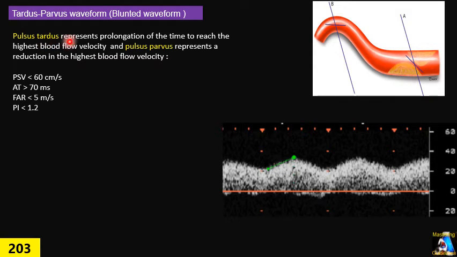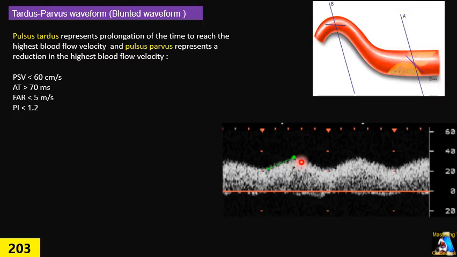Pulsus tardus represents prolongation of acceleration time; it takes longer for the blood velocity to reach the peak. And pulsus parvus is that the peak velocity not only drops, the downstroke becomes slower.